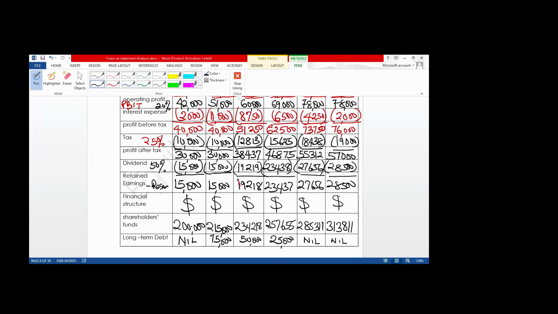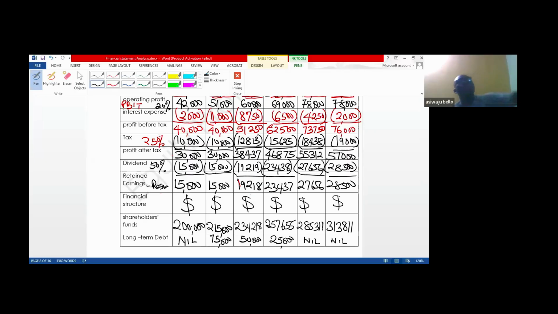Its closing balance becomes the opening balance for year one, plus retained earnings for year one. That gave us 215,000. When you get to year two, this year one balance, which was closing for year one, becomes opening for year two, plus 19,281. 215,000 plus 19,281. Please work that out.